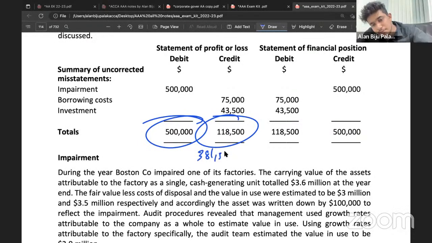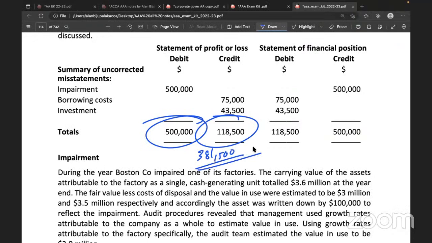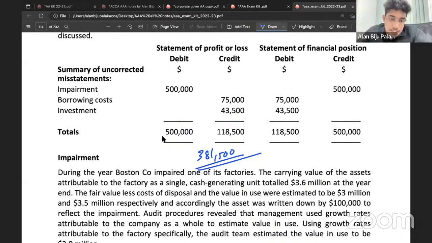Why? Net off, because a debit balance is a positive balance and a credit balance is a negative balance. So when you take the cumulative amount of the misstatement, it will be netted off to 3,81,500. Please don't take it as 6,18,500. Okay. Clear?